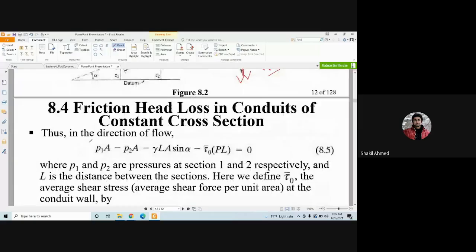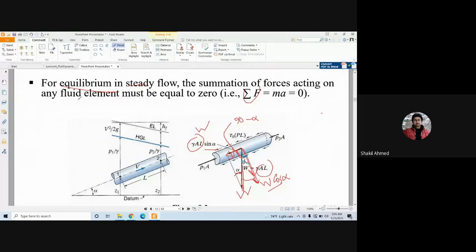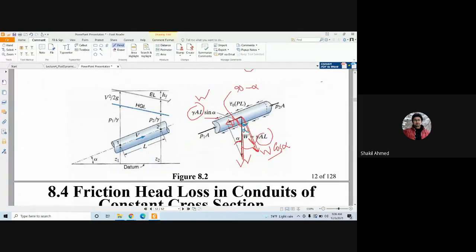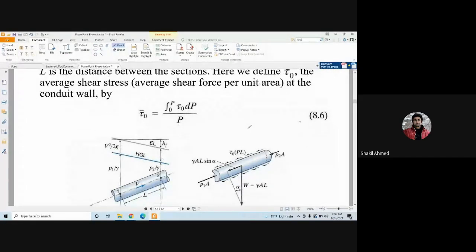Now if you do this, summation of F equals 0, because this is equilibrium in a steady flow, the summation of forces acting on any fluid element must be equal to 0. So here this is equal to 0. Now, what is the average shear stress?